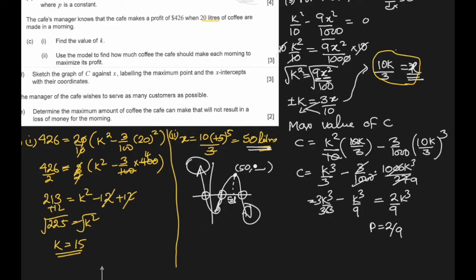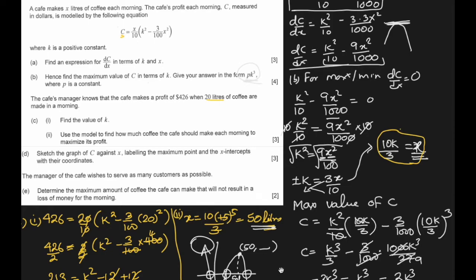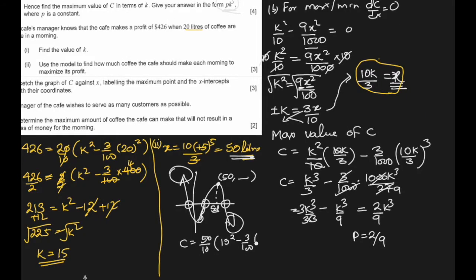Again, we will use the main formula: c equals x over 10 times (k squared, which is 15 squared, minus 3 over 100 x squared). X is 50, so 50 over 10, times 225 minus 3 over 100 times 2500. That gives 225 minus 75, which is 150, times 5 is 750. This is the y coordinate, 750.